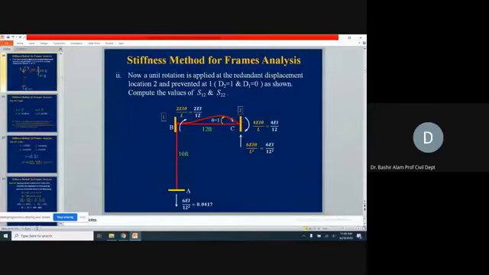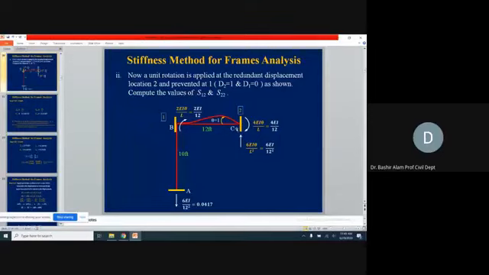So clockwise here, if you draw a tangent, theta is equal to 1 is given. And at B, at the D1 location, we are keeping it fixed. As a matter of fact, here we should be showing this support also rotated by theta equal to 1, so we need to make it inclined to the right because we are rotating it in the clockwise direction.